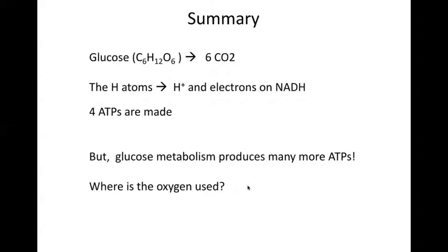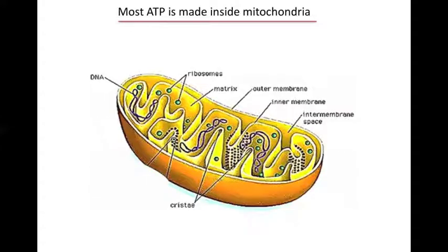So I'm going to answer these last two questions. So go back to this structure inside the mitochondrion. And so what we now have is NADH carrying these high energy electrons in this space.